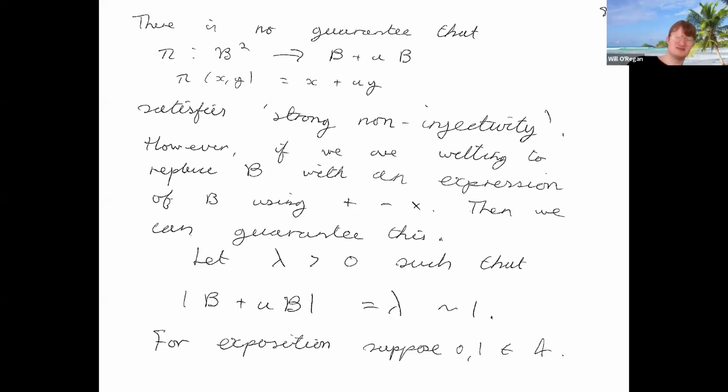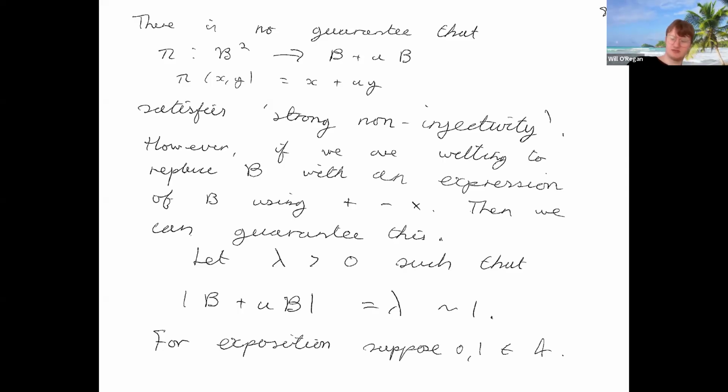I'm going to claim that if we're willing to beef up B further with ring operations, which is fine, because remember, that's what we're trying to do: we start with A, we beef it up with ring operations, and we want to claim that it grows. Well, I'm going to claim that if we can do this to B, then we can actually guarantee this sort of strong non-injectivity.